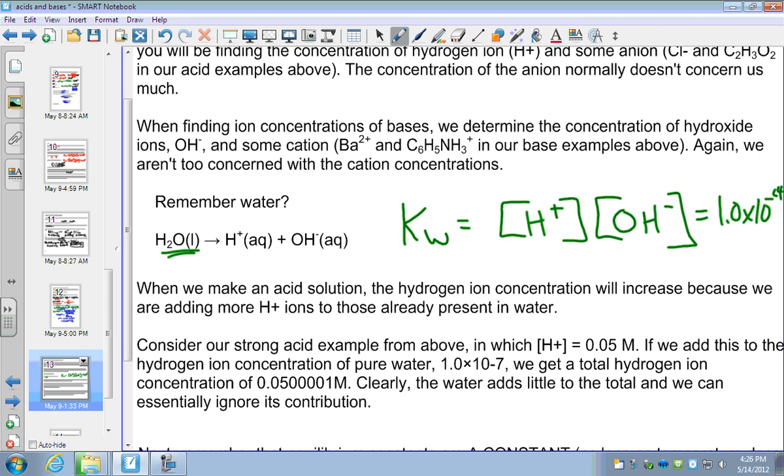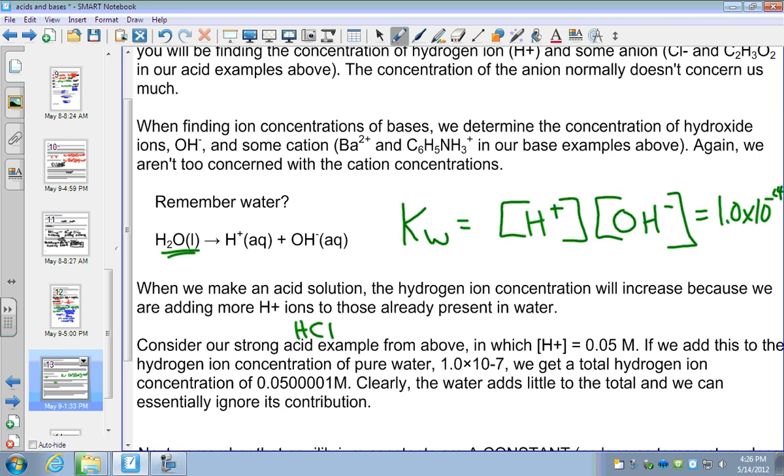Consider our strong acid example, which was HCl. We found the H ions was 0.05 moles per liter. If we add this to the hydrogen ion concentration of pure water, 1.0 times 10 to the minus 7, we get a total concentration of 0.050001.